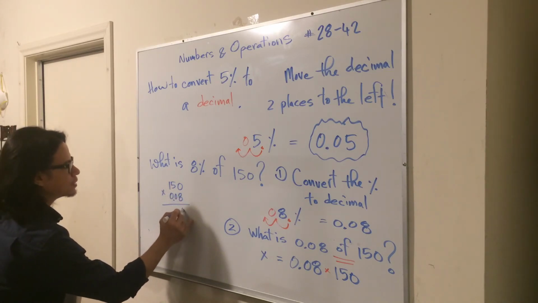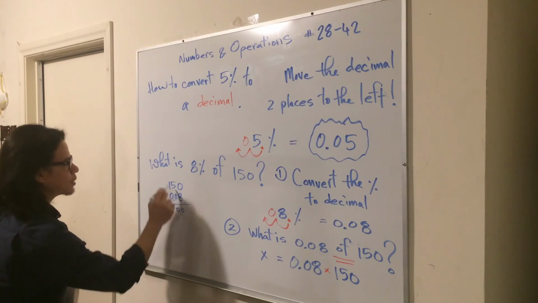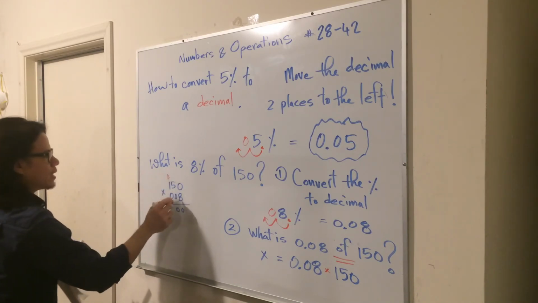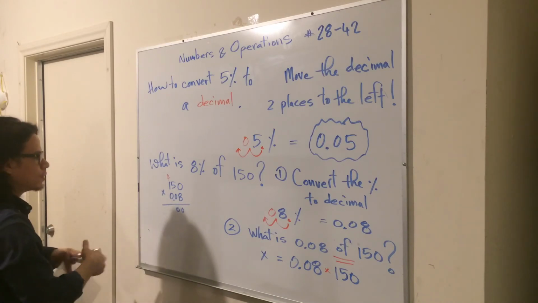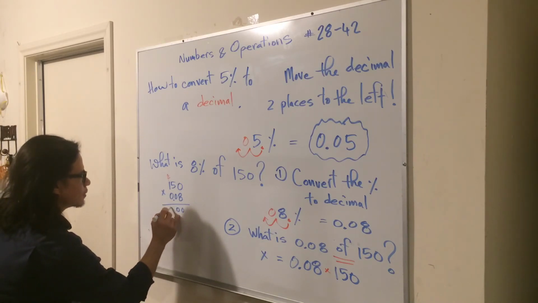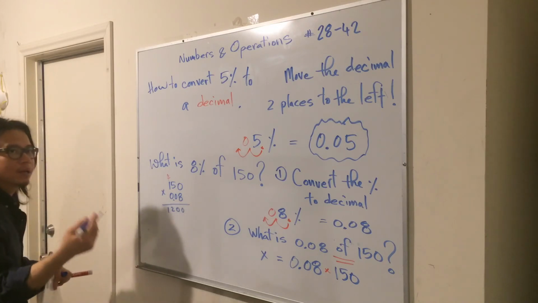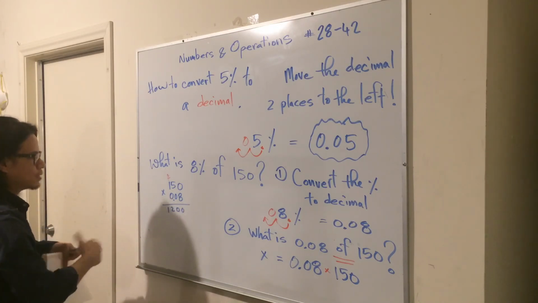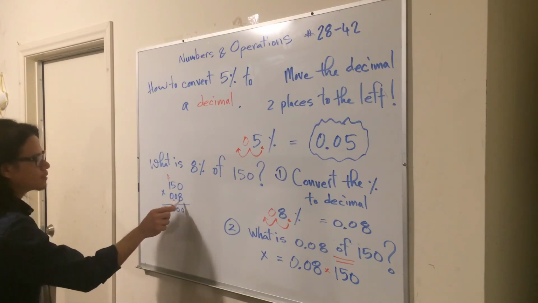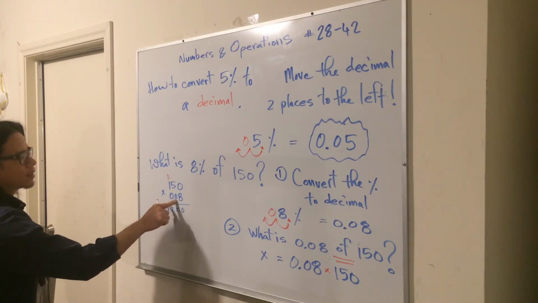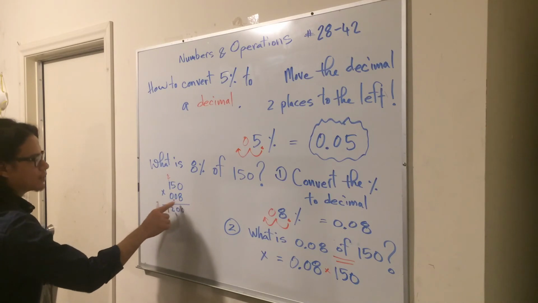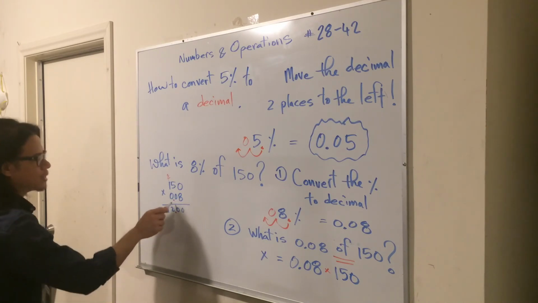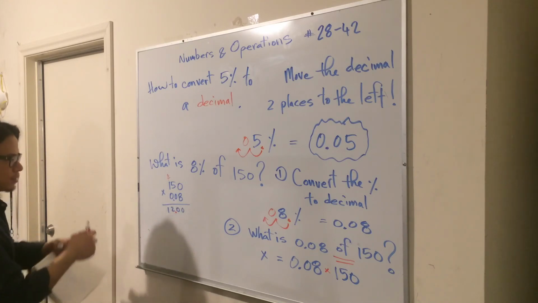8 times 0 is 0. 8 times 5 is 40. 8 times 1 is 8 plus 4 is 12. Sometimes we can do this quicker than having to take out a calculator or your phone. So next we need to decide where the decimal goes. There are 2 places after the decimal here, so there's going to be 2 places after the decimal in our final answer.